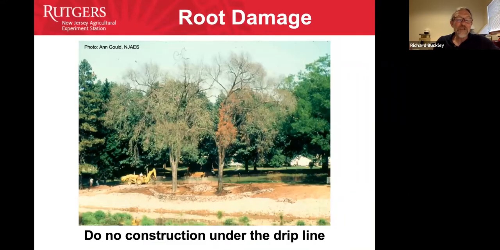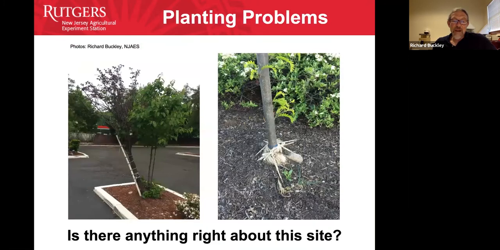You do construction under the root zone. Here's a site we went to, and they spent all kinds of time building up that landscape, and they killed the trees in the process. So you can't do that sort of stuff. And then, I don't even know what to say. But we used to have a fact sheet at Rutgers called "Your Tree's Problem Might Be You."